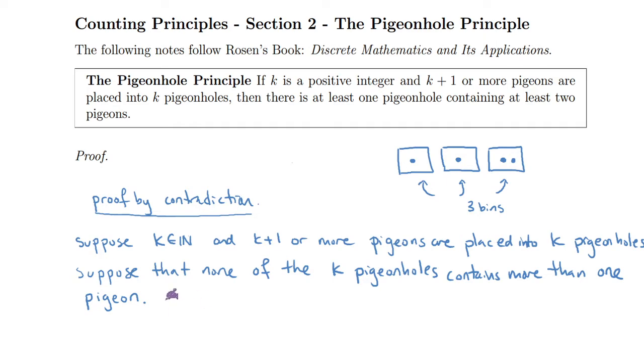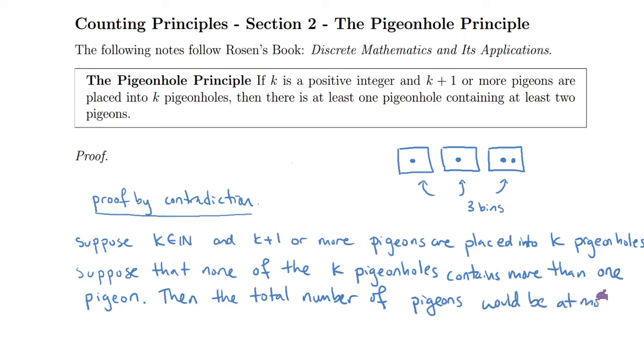Well, what does that mean? If you suppose that none of the k pigeonholes contain more than one pigeon, then what's the total number? The total number of pigeons would be at most k, right? Because you're saying suppose that none of the k pigeonholes contain more than 1. So you can think of this as adding either 1 or 0 for each pigeonhole. So then the total number of pigeons would be at most k.